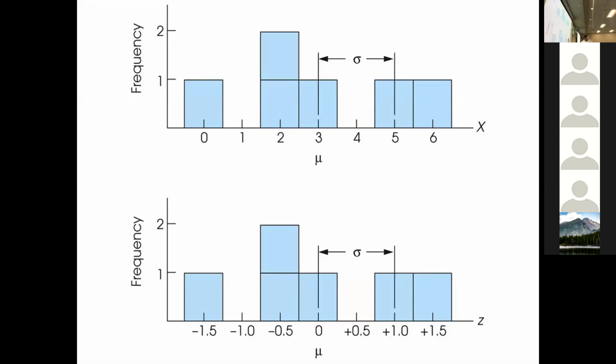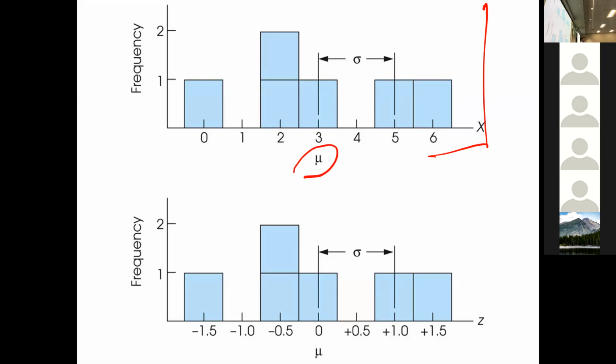So, just to offer another framing of this, if we have our raw data up here, such that we have 1, 0, 2 2s, 1, 3, 1, 5, 1, 6, we have our mean of 3, we have our standard deviation of what looks like 2. Transforming that into z-scores does not affect the frequency at each one of these points, right?